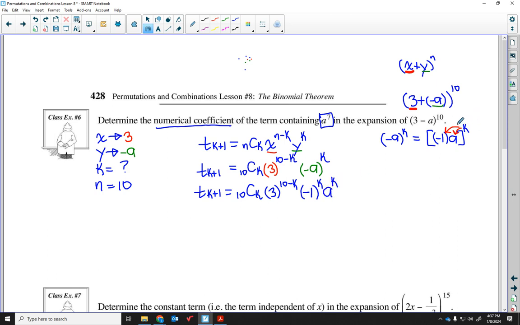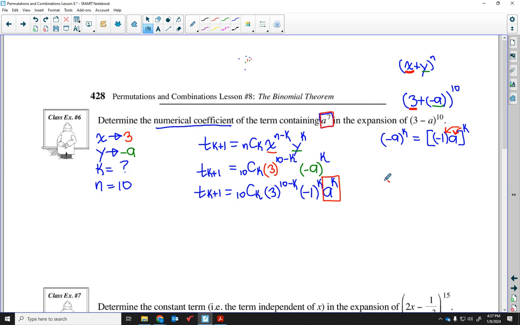I just separated it. Now, this immediately tells me what k needs to be. If I look at my general term formula, the only spot where an a pops up is right here, a to the power of k, and it tells me whatever term we're looking at also has a to the power of 7 in it.